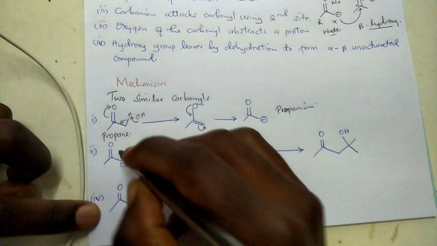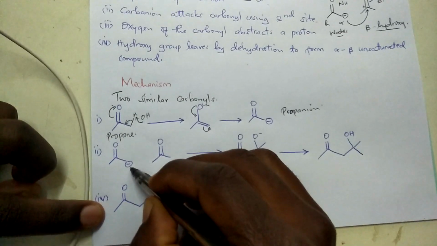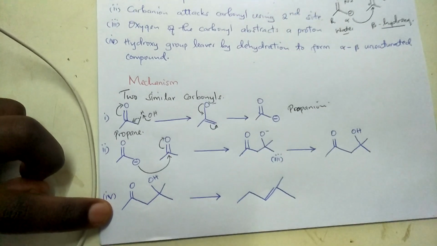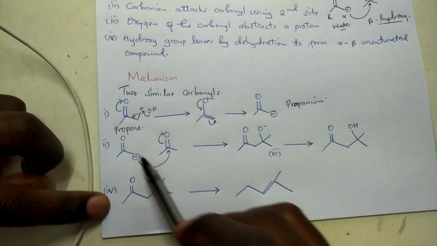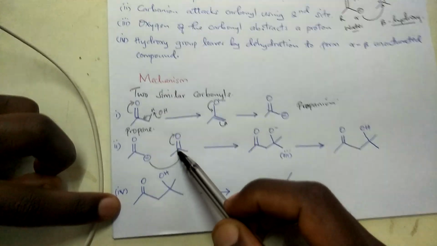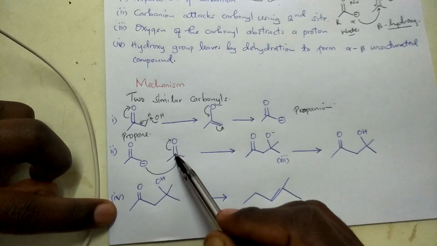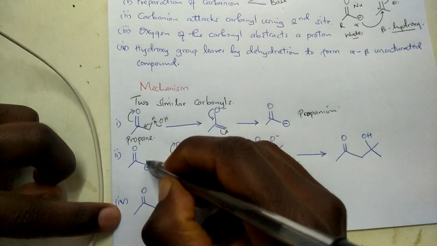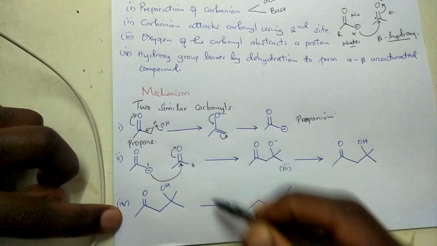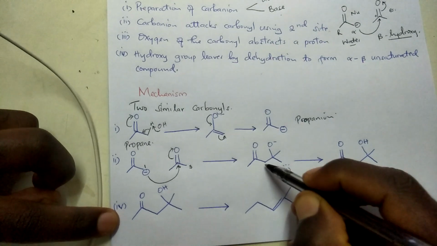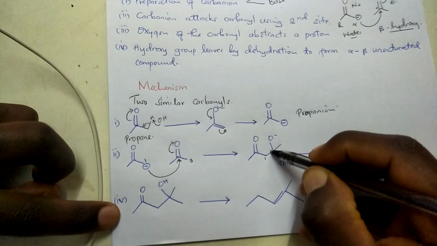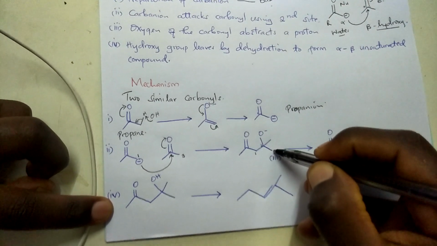So this is the second site at the alpha position. It attacks the carbonyl carbon, and this opens up like this. And remember now, this is position 1, it joins here at position 2. So if we name this as position 1 and this as 2, this becomes position 3. Then we can have our position 1 here, and position 2 here, and maybe our position 3 here.